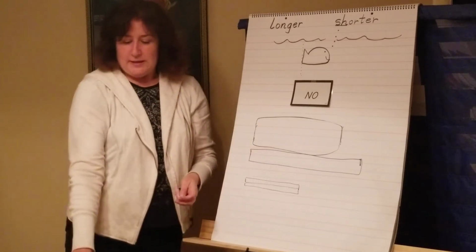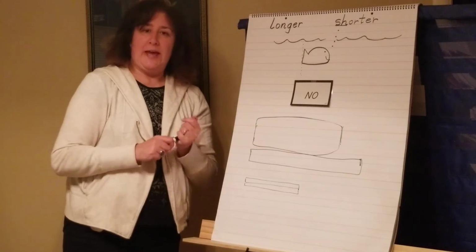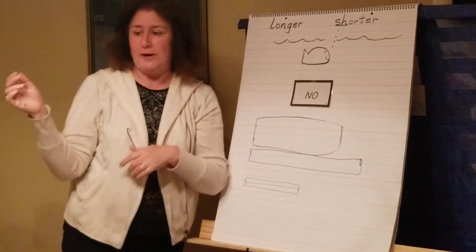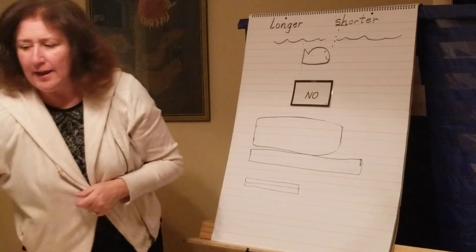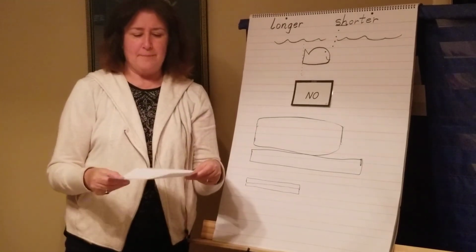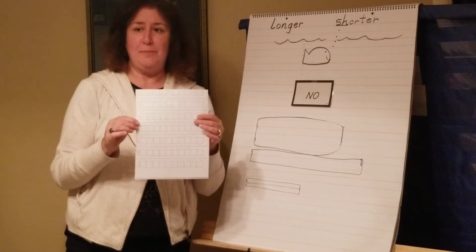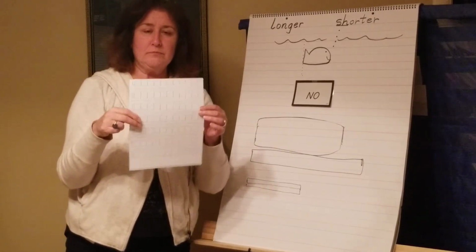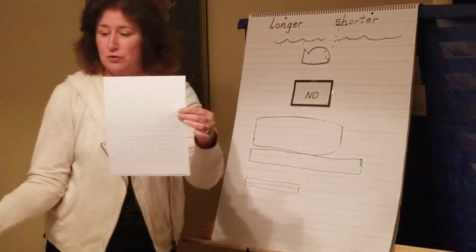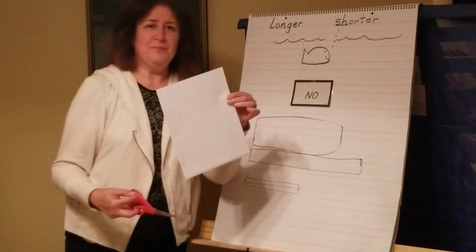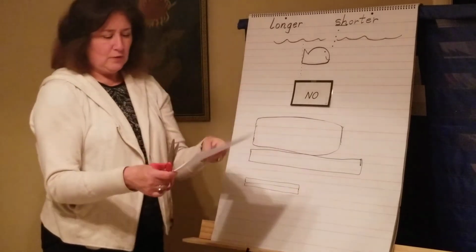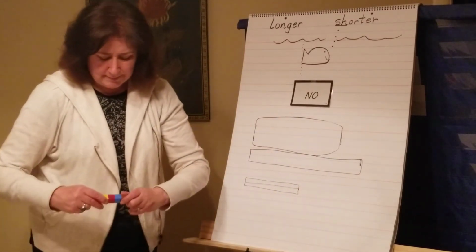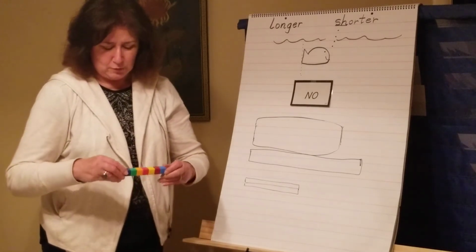Now, kindergarten, when you do your measuring at home, some of you may have Unifix cubes to use, and that's great. If you do not have Unifix cubes, your mom and dad have in your packet these Unifix cube strips. And what these are is these strips are exactly the same size as real Unifix cubes.